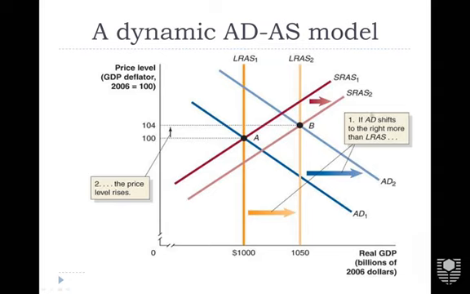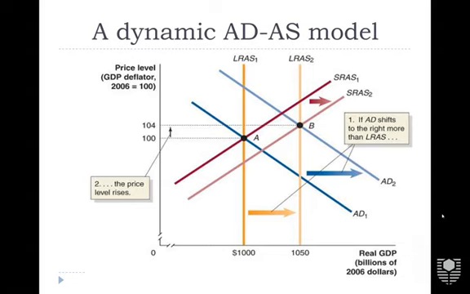Okay, so here is the rule of thumb. If the aggregate demand shifts to the right more than the long-run aggregate supply curve, then the price level would be rising. That means if aggregate demand in the economy increases more than the increase in long-run aggregate supply, there would be pressure on prices and the price level would increase.